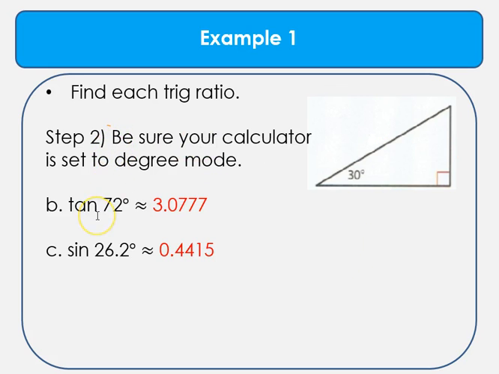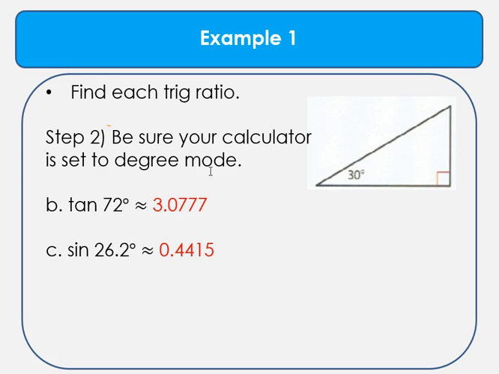Let's look at another part of this same example, and be sure to use your calculator. Be sure your calculator is set to degree mode. So that means when you look at your calculator on the bar that gives you your answers, it should say degree, DEG, up in the top there. If it doesn't, you need to change your mode.